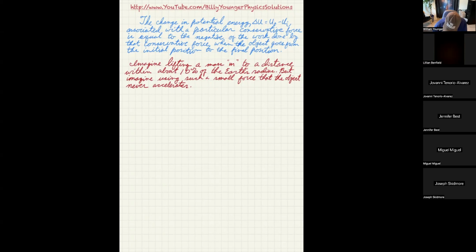So I'm going to do that and try to calculate that work. What I'm going to do is imagine an object of mass m, and I'm going to imagine putting a force on it, specifically a force upward like that.